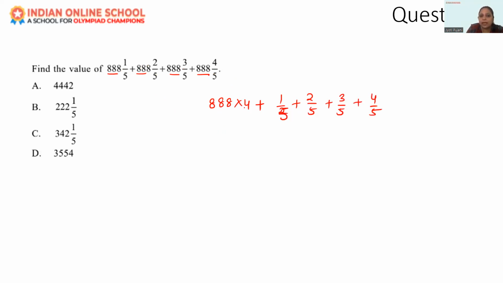As they are like fractions, I will add them. I'm getting 10 by 5, and 10 by 5 is 2. Then I will add this to the product, getting 3554. So this is a very short trick to do this question. Okay, so let's move to the next one.